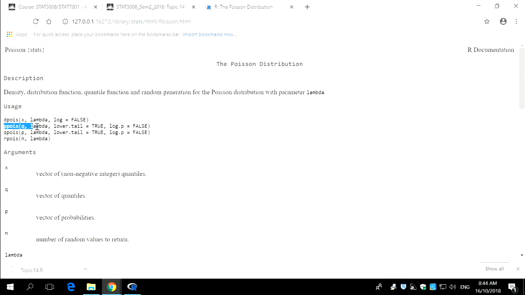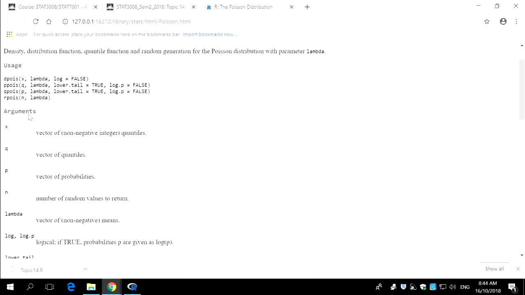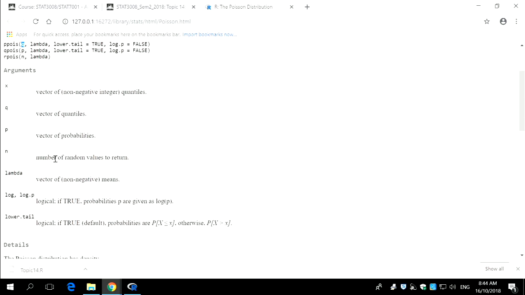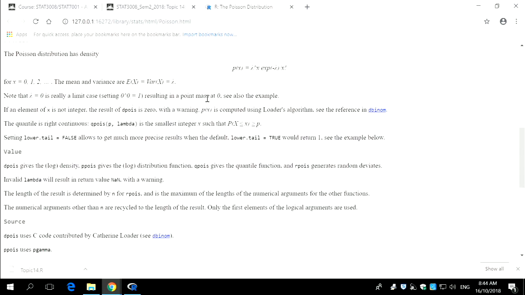But here, in order to compute the probability, we need to do it this way. And then here we need to input lambda. Firstly, we need to specify lambda. So lambda is actually our mu here because it's the mean.